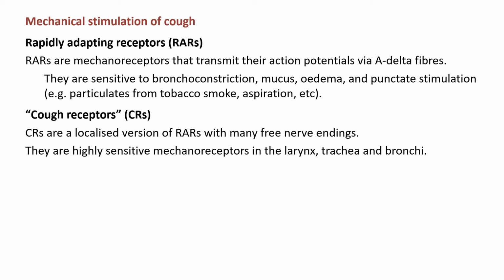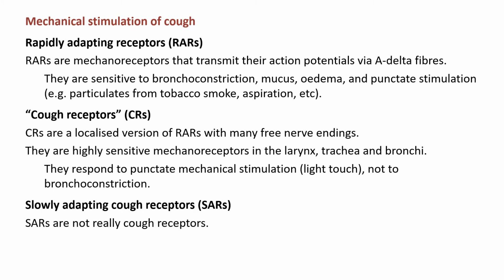So they're highly sensitive mechanoreceptors. They're found again in the upper airways, in the larynx, the trachea, the bronchi. And they respond to punctate mechanical stimulation, not big things like bronchoconstriction. If they respond to mucus, it'll be to tiny, tiny bits of mucus.